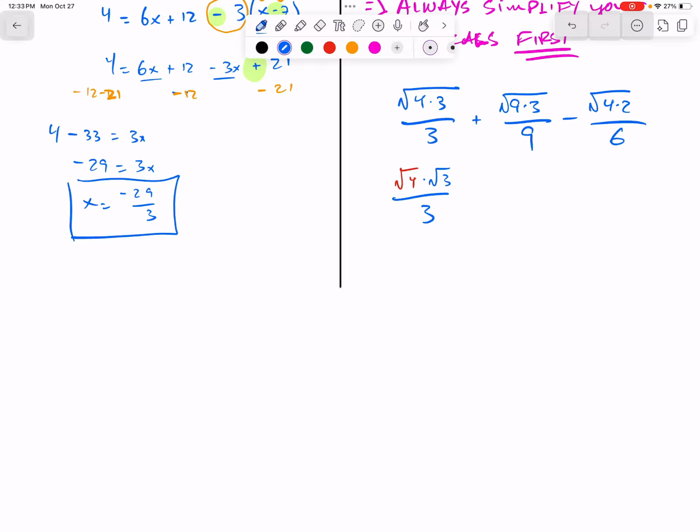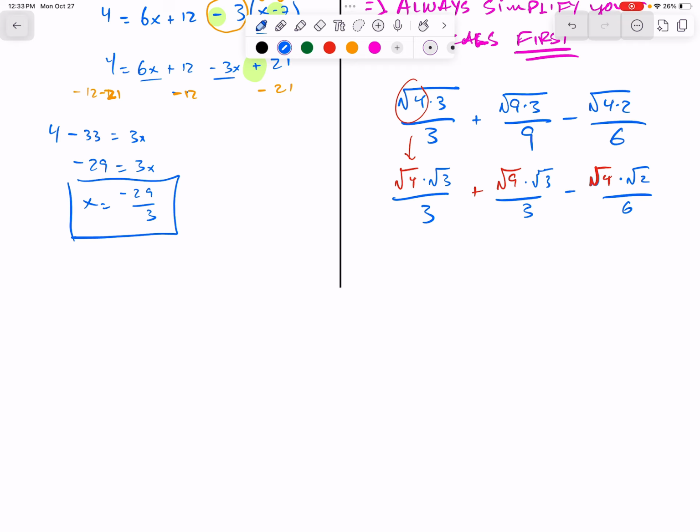So all I did was I popped that 4 to there. All right. This is going to be plus square root of 9 times square root of 3 over 3 minus square root of 4 times square root of 2 over 6.